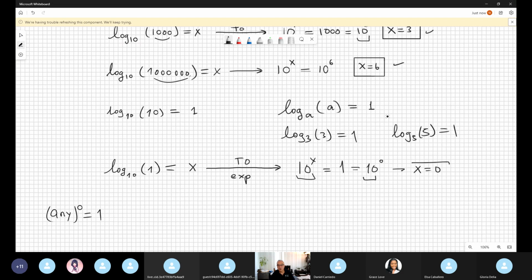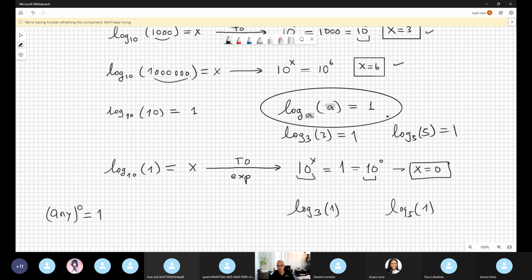Oh, professor, then this is valid for any logarithm. Yes, it's another fantastic property. This is one fantastic property when there is coincidence between this number and this number. And another fantastic property is logarithm of any base, 3, 5, 20, whatever, of 1 is 0.